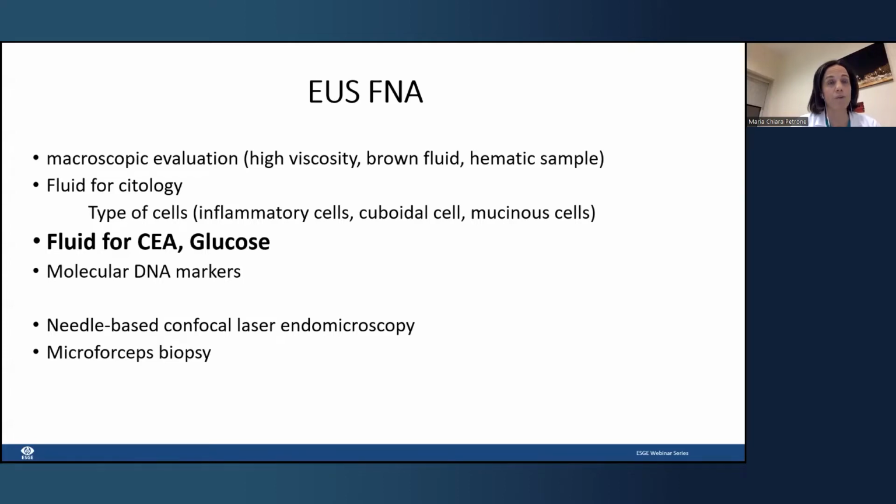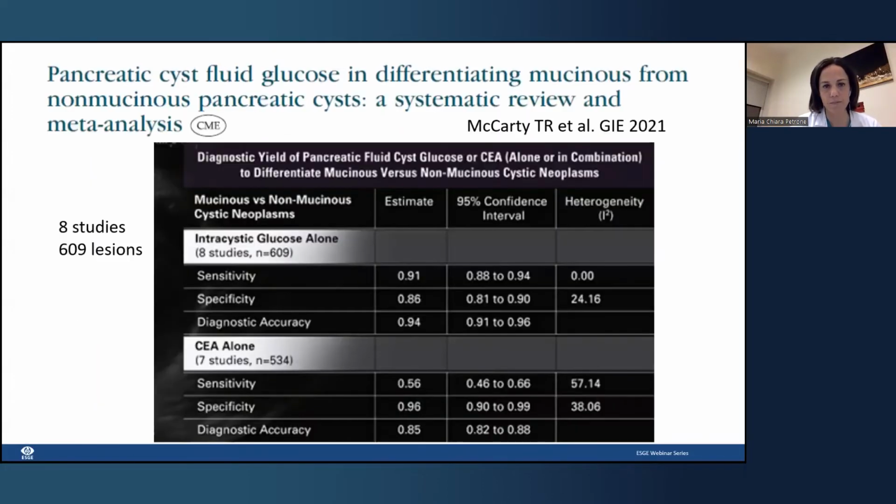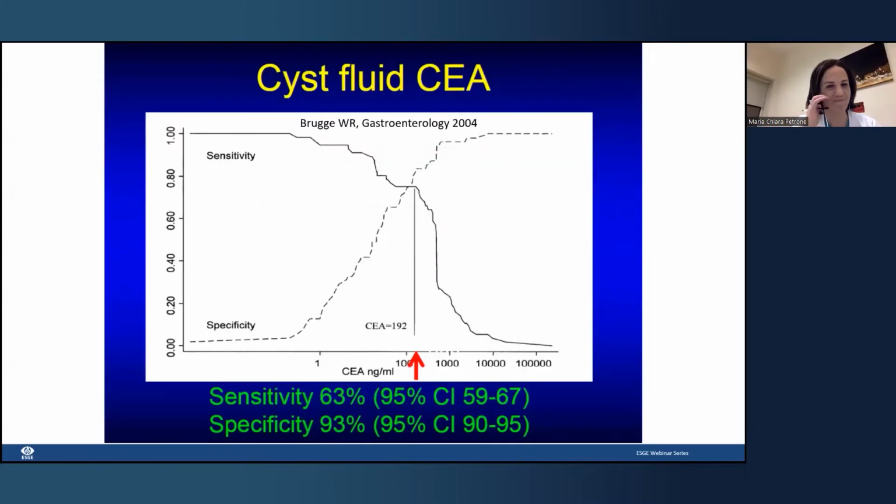What about intracystic CEA? Fluid CEA is a marker of mucin production, and is secreted from the luminal surface of the cells of mucinous cysts. It is a reliable marker for differentiating mucinous versus non-mucinous cystic lesions.